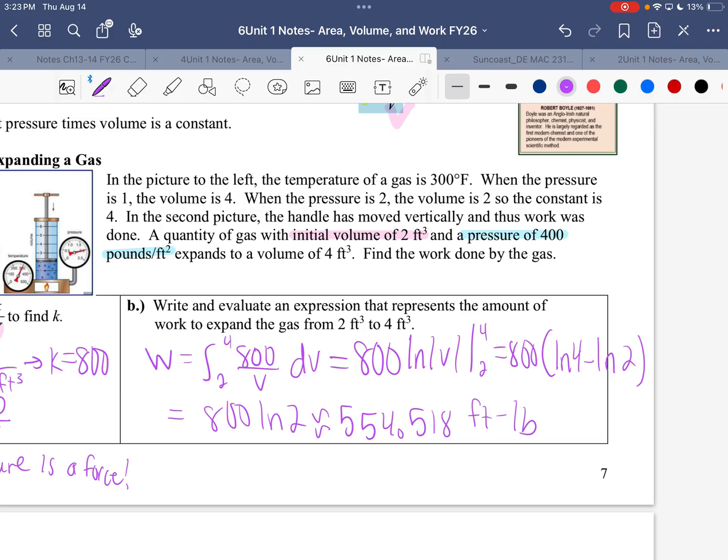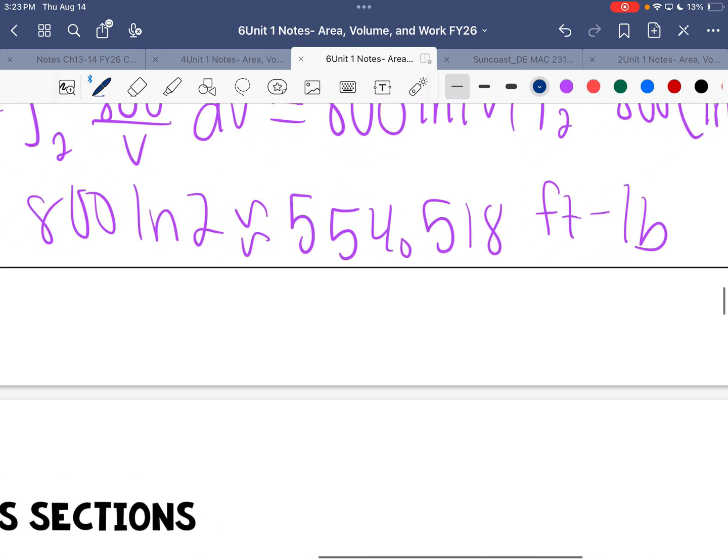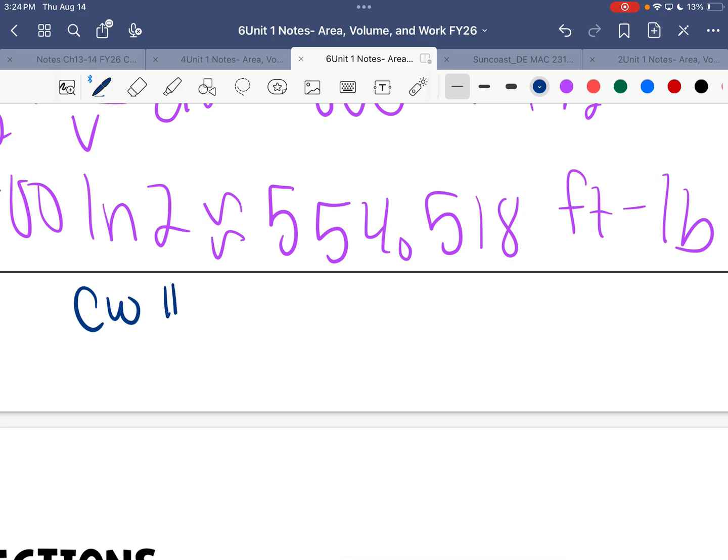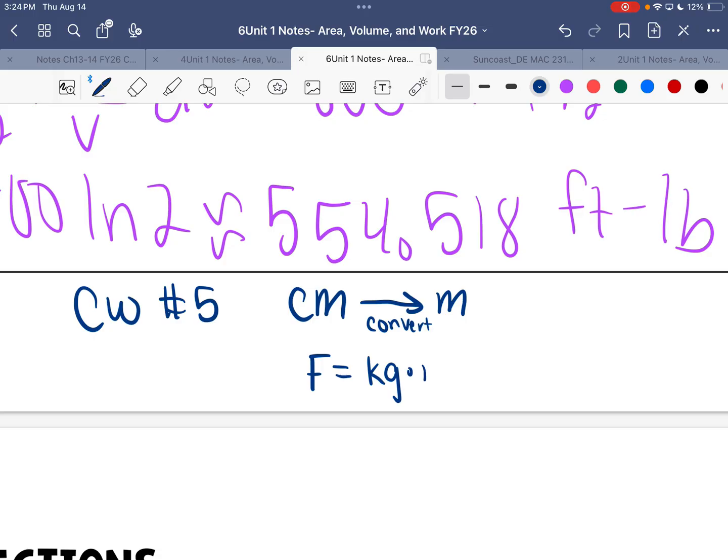Okay, how much time? Oh, we got so much time. How fun. We're going to be doing 1, 4, and 5, and before I forget and you start working on it, classwork number 5 is in centimeters. You need to convert to meters, because your force needs to be kilograms times meters per second squared to be newtons.